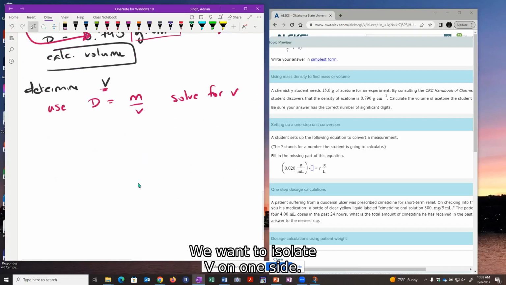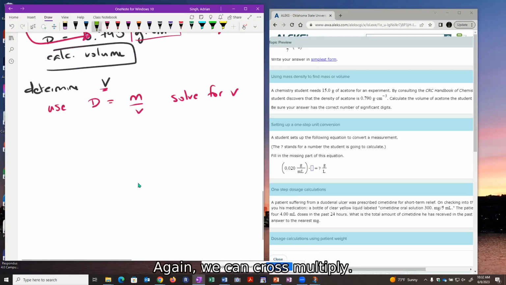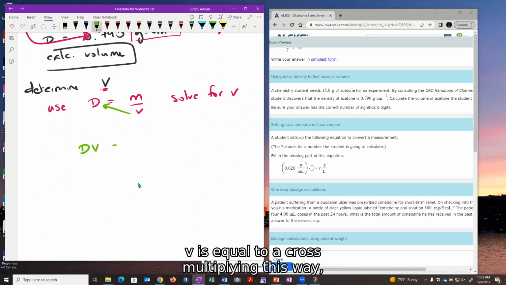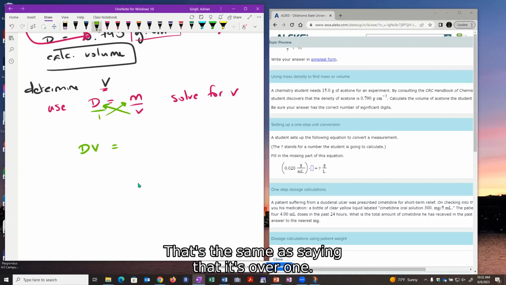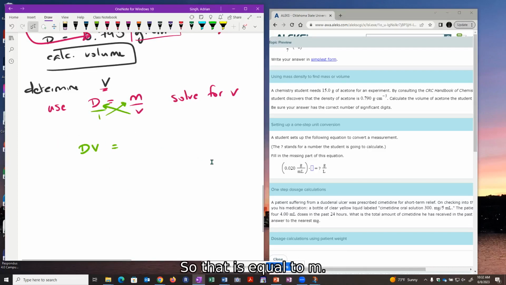We want to isolate V on one side. Again, we can cross multiply this way. So we have D times V is equal to M, remembering that something by itself on one side of the equation is the same as saying it's over 1.